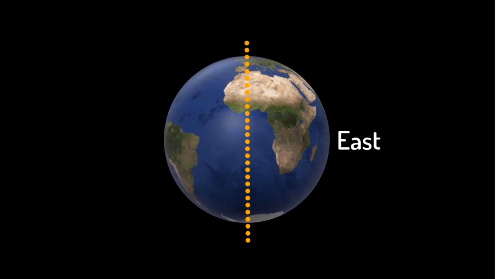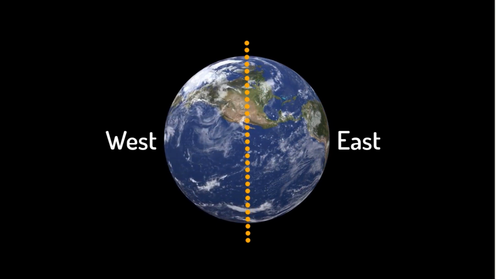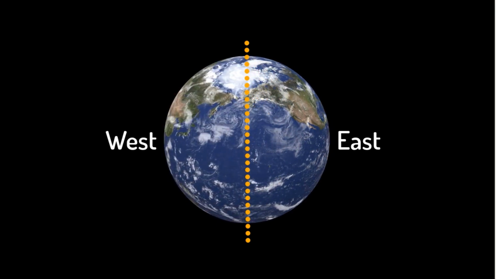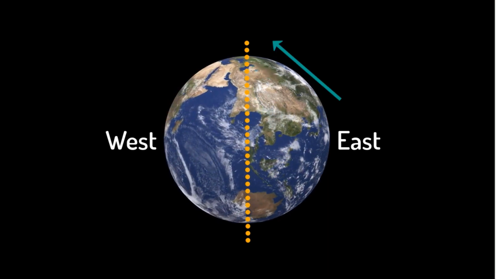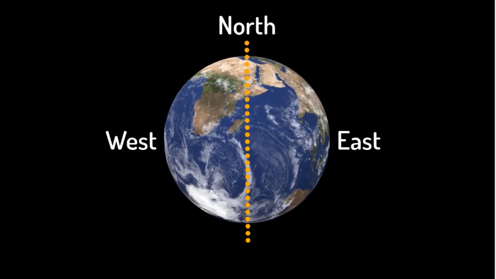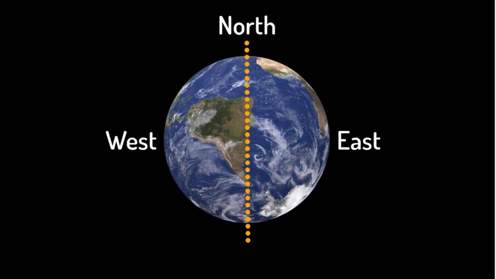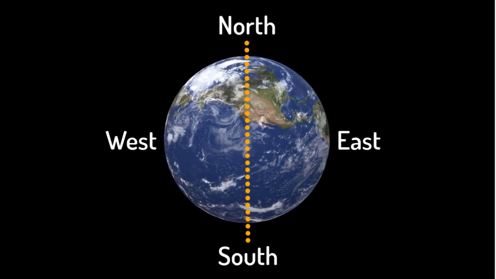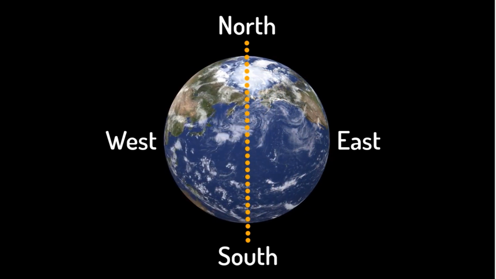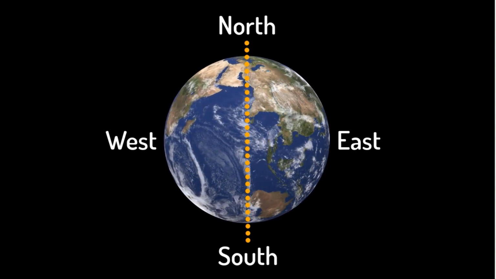The opposite side of east is called west. Now, when the observer is facing east, the left side of the observer is called north, and the right side of the observer is called south. We can say the opposite side of north is south.